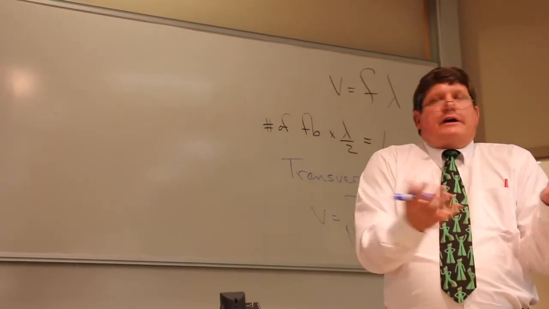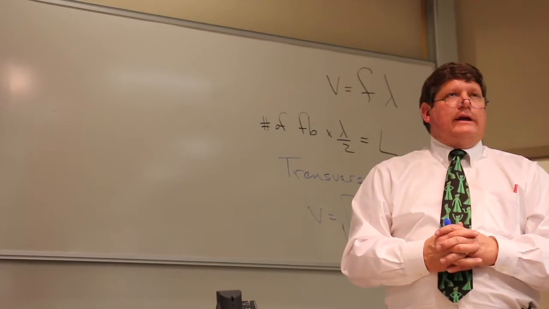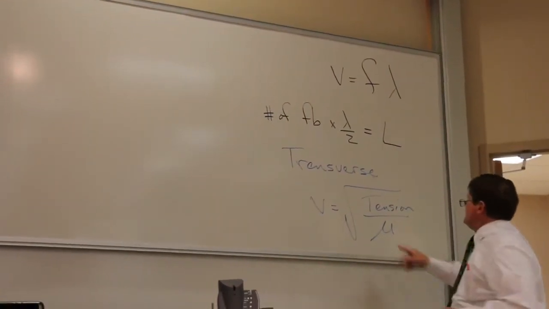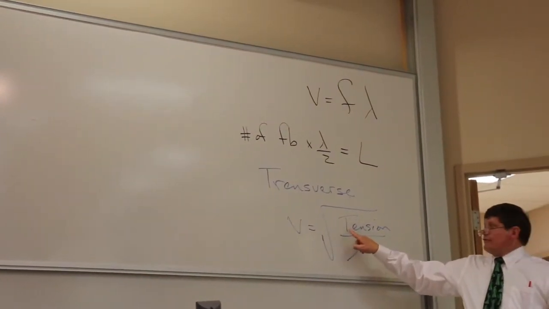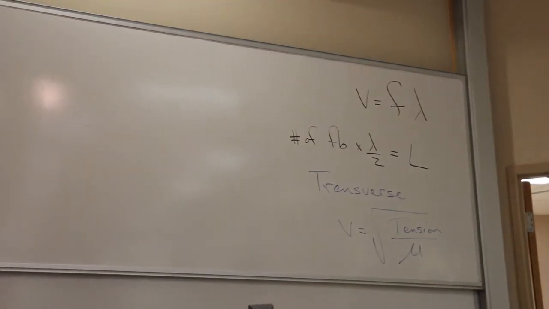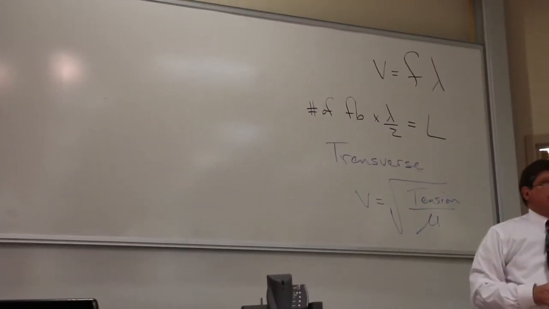And when an E string comes out of the factory, that's fixed. That's already set in stone. So the only way you can change the speed is by tightening the string. That's going to make the speed faster, and that's going to make the frequency higher. If I loosen the string, that's going to slow down the speed of waves, and that's going to make the frequency lower.